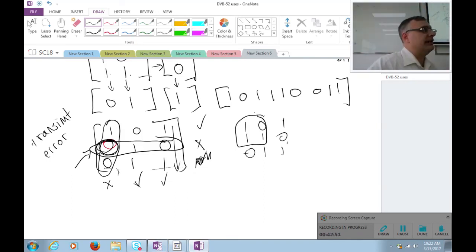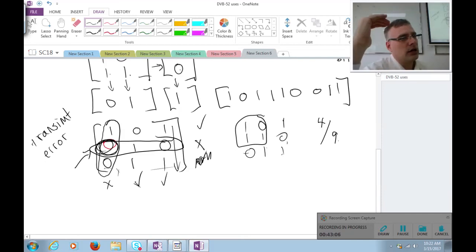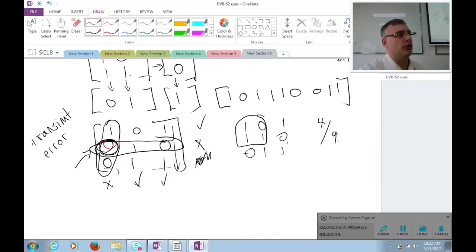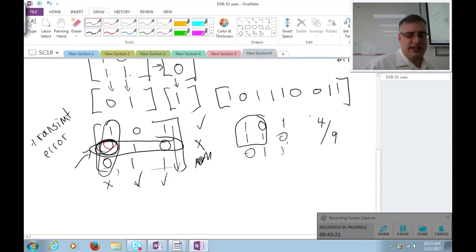Now, hopefully, first of all, notice the rate here. The rate here is actually fairly good for an encoder. For every 4 data bits that I transmit, I send 9 coded bits. And if I want to be able to correct more errors, I have to build more complexity into my coder. Two types of complexity. First of all, more redundancy, so I can lower what's called the coding rate here.